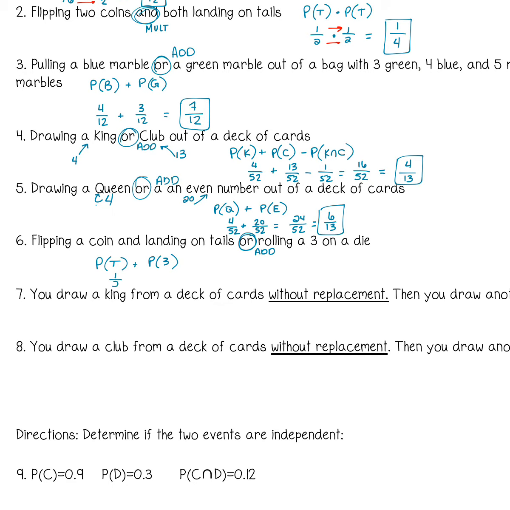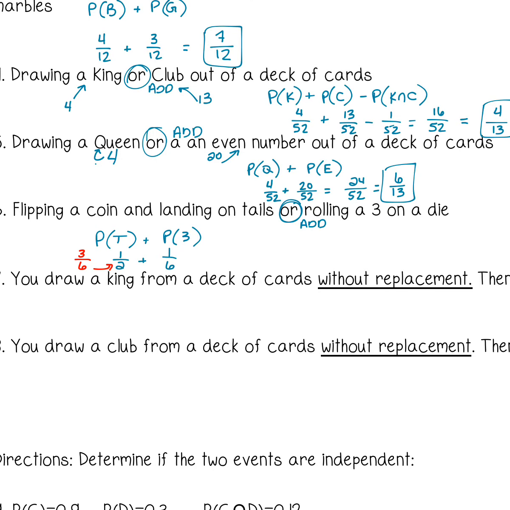So 1 out of 2 plus 1 out of 6. Could turn this guy into a proper fraction, or a common denominator, multiply top and bottom by 3. So we get 3 over 6 plus 1 over 6. That gives me 4 over 6, which reduces to 2/3.